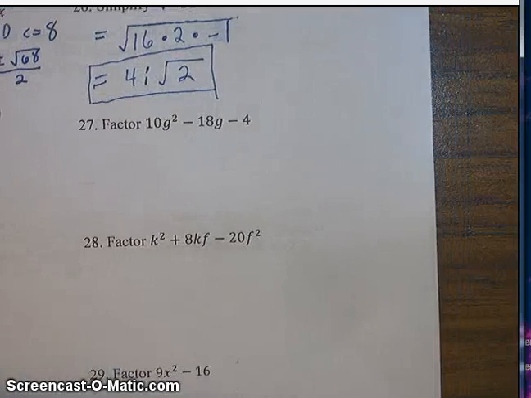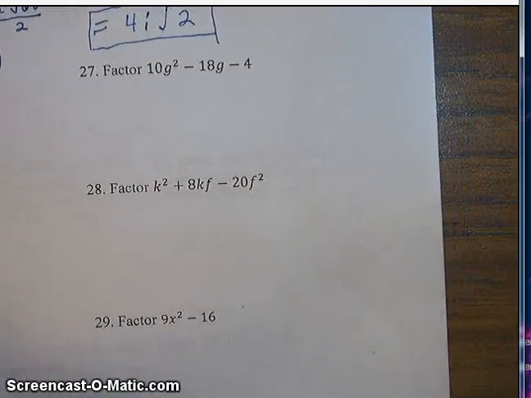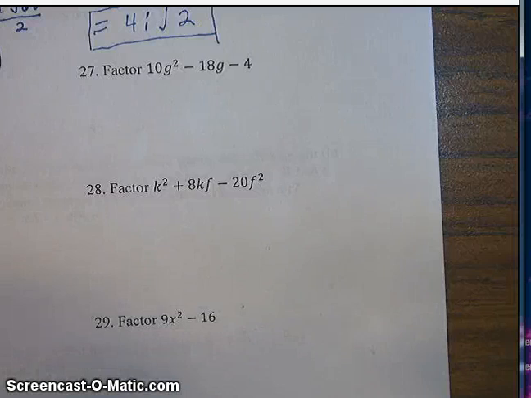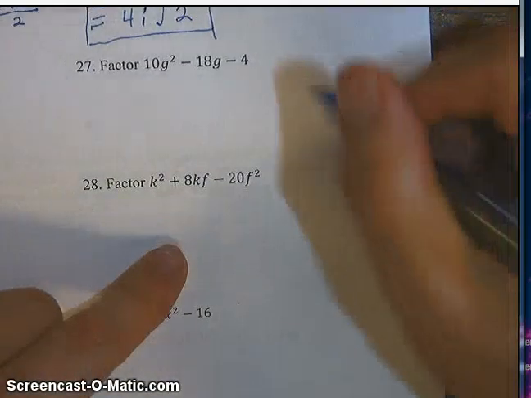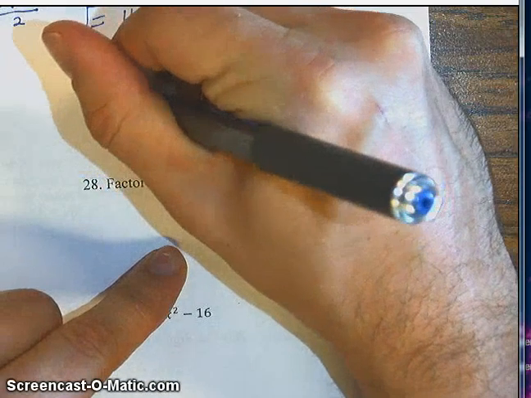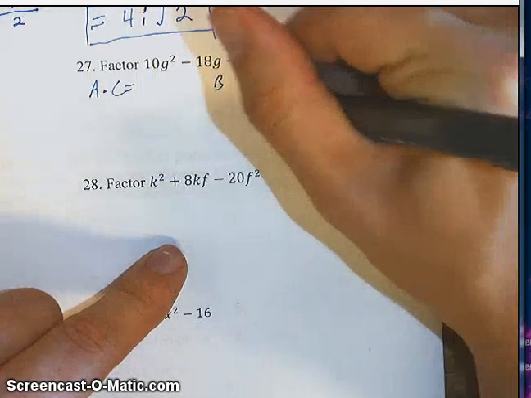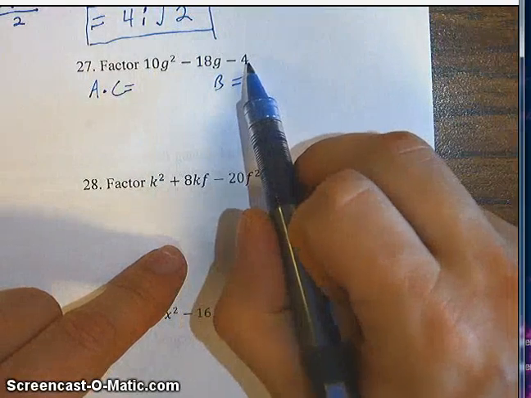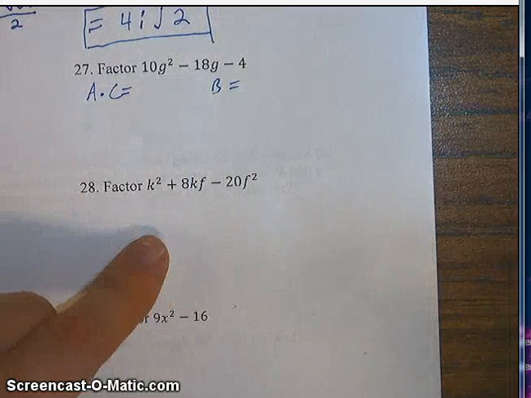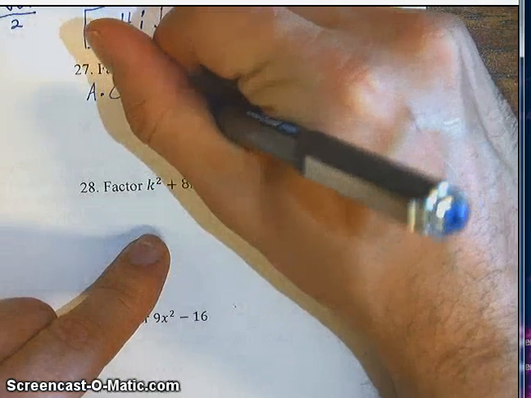All right, let's do some factoring. 10g squared minus 18g minus 4. This looks like the kind of problem where we need to do a times c and b. My a is 10, my c is negative 4. a times c is negative 40.